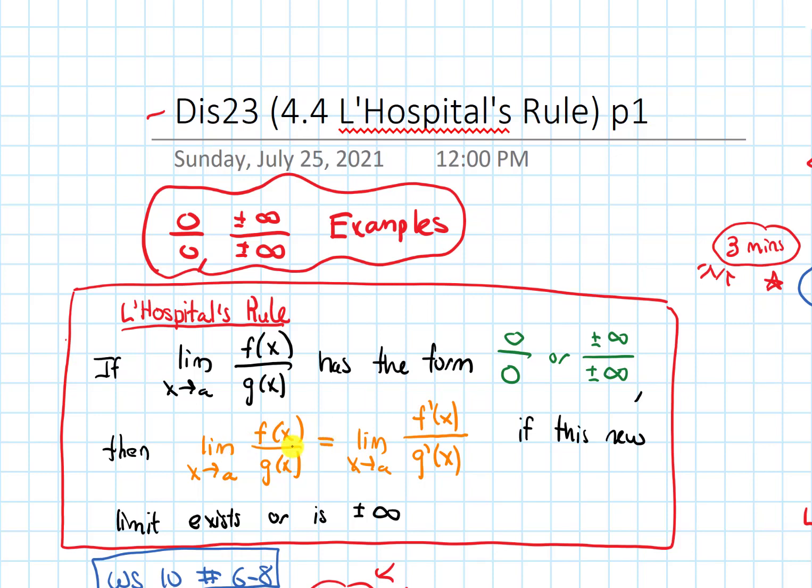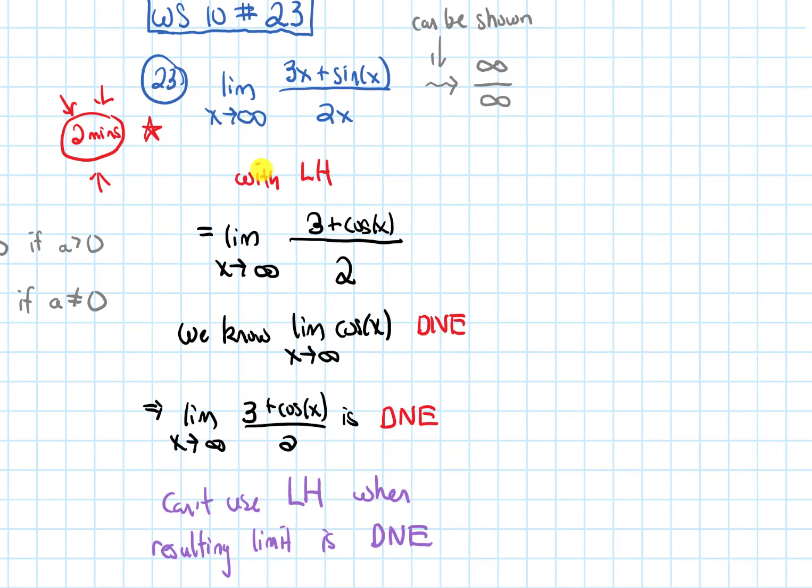It says the limit equals this limit of the derivatives of the top and the bottom, if this new limit exists or is plus or minus infinity. But in our example here, once we got the new limit after we did L'Hopital's rule, this new limit didn't exist, and it wasn't plus or minus infinity. It was just straight up DNE. So I can't use L'Hopital's rule.